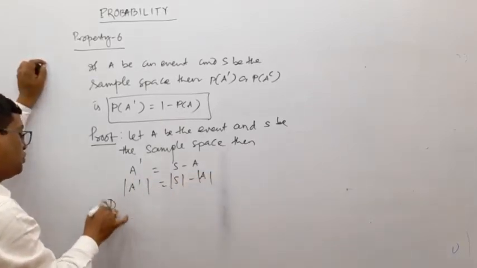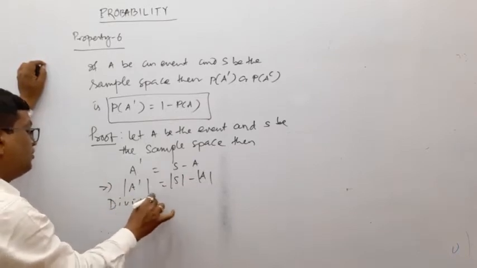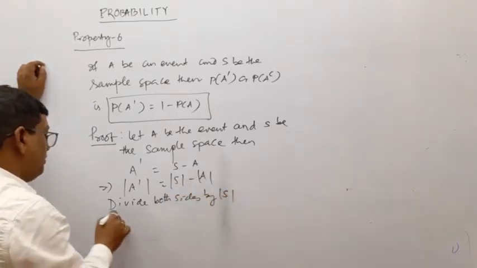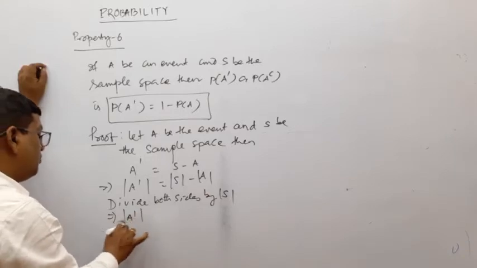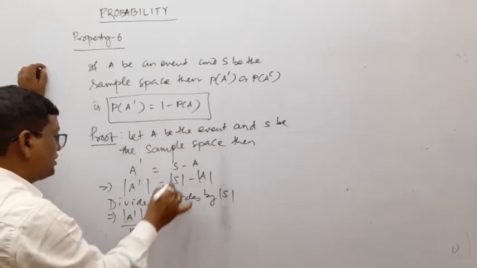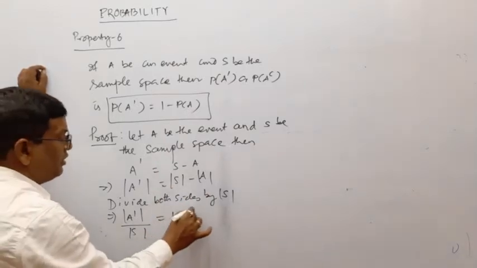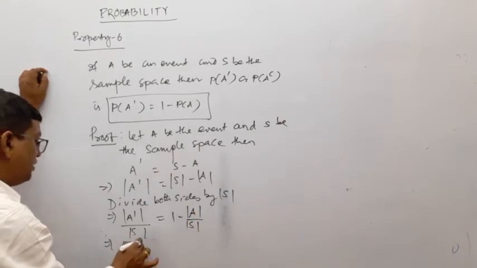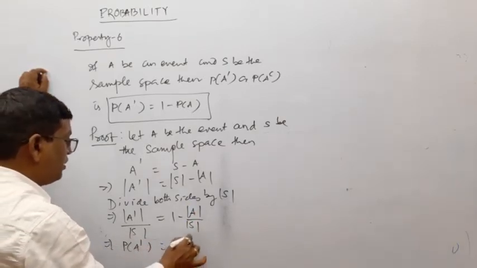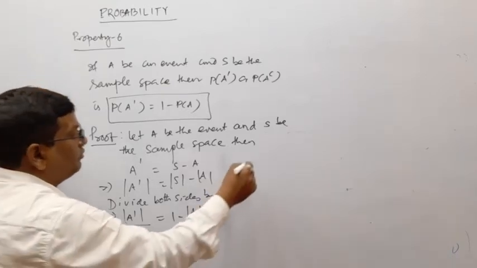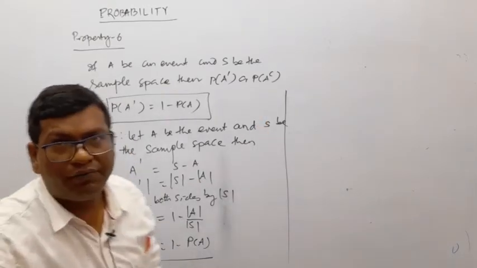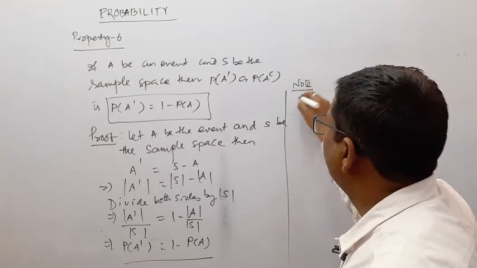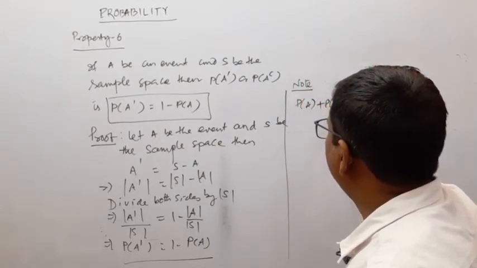Divide both sides by cardinality of S. So that implies cardinality of A dash divided by cardinality of S is 1 minus cardinality of A divided by cardinality of S. So this is probability of A complement equal to 1 minus P of A. Note, probability of A plus probability of A complement is equal to 1.